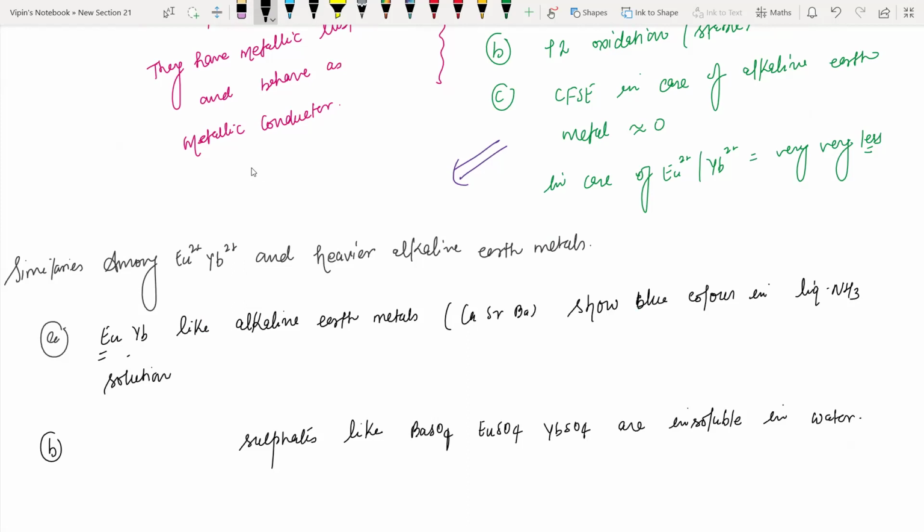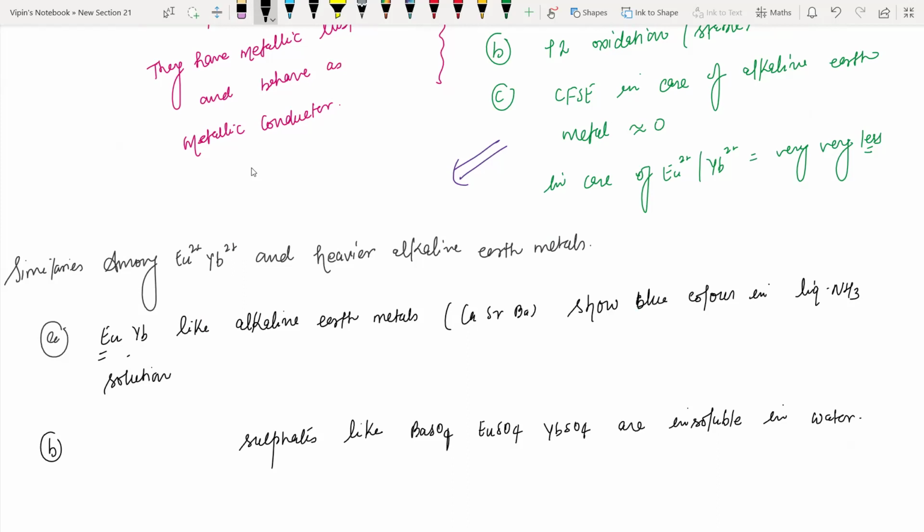So we have seen that some lanthanides show the plus 2 oxidation state. We have seen the order of stability of oxidation states and the order of reducing power. We have seen that europium 2 plus and Yb2 plus are the most stable Ln2 plus ions, and these show similarities with the heavier alkaline earth metals because both are of larger size. They have a stable plus 2 oxidation state, and also there is no role of CFSC in deciding geometry in both cases.